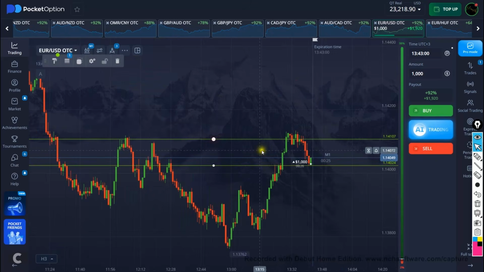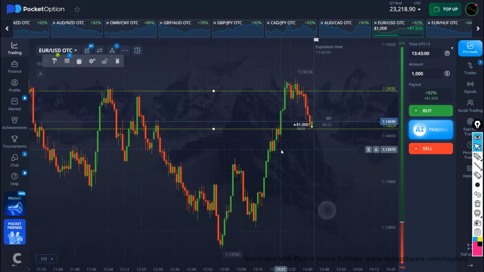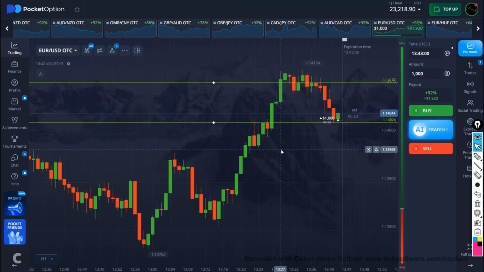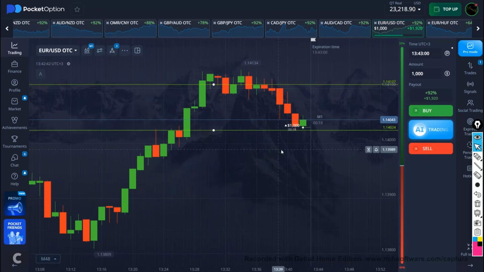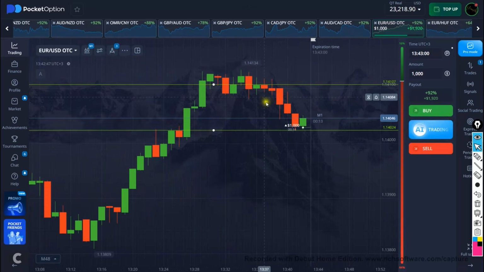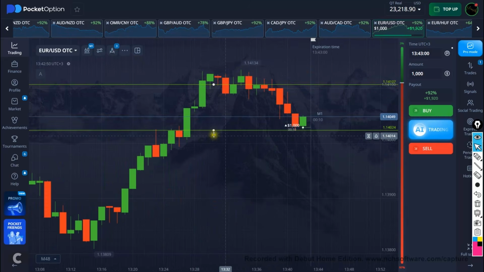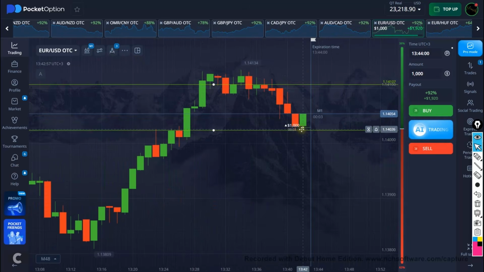quite simple. So we have this area right here. As you can see, we are breaking this area. So this was a resistance, and as you can see right here, we just broke that resistance area. So this was a retracement. We got back to this demand area.